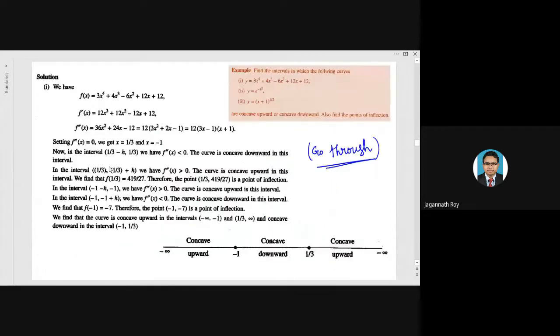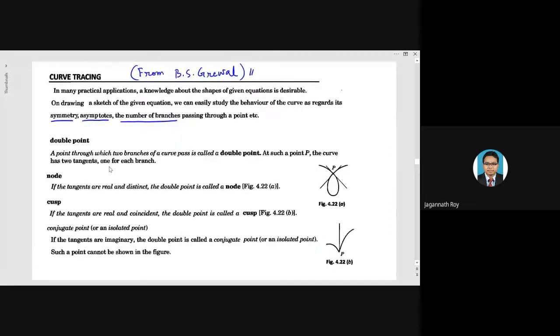Okay, so I move to the next definitions. One is called a double point. A point through which two branches of a curve pass is called a double point. So it will look like at this point, one branch, another branch will pass.